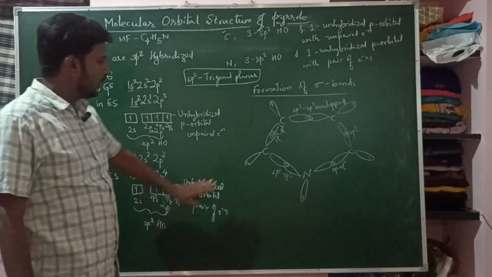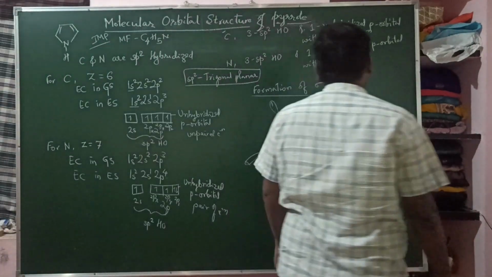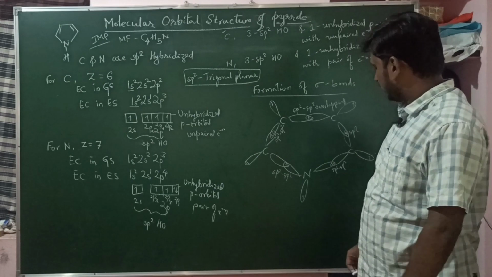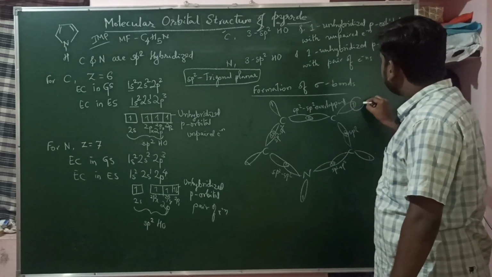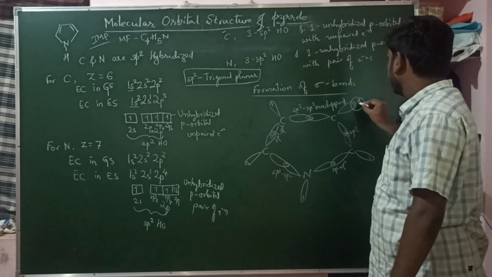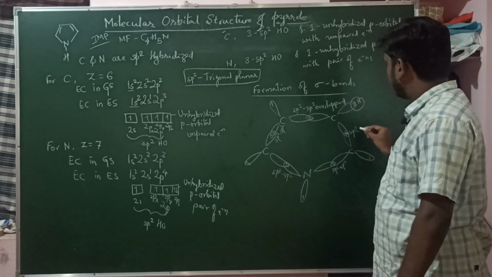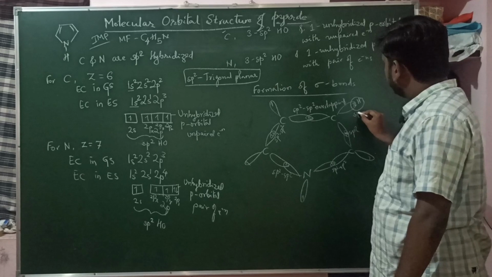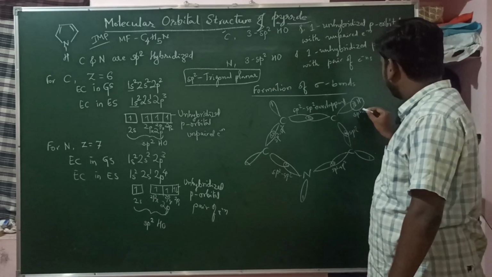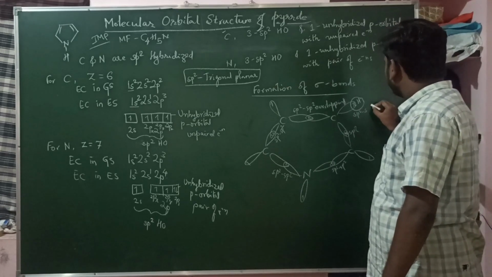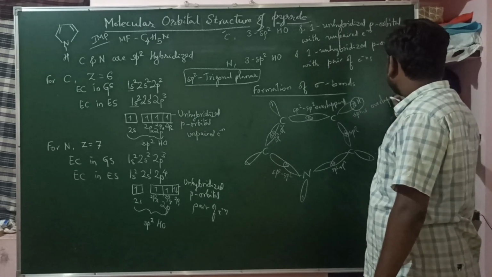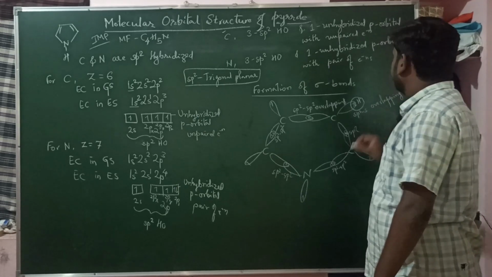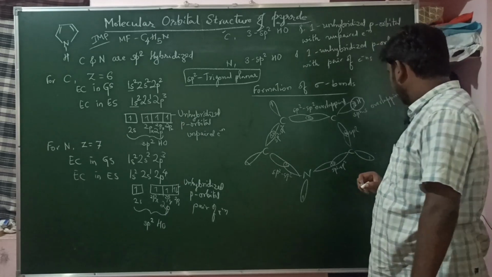So the remaining sp2 hybrid orbitals of each carbon and this nitrogen will overlap with the s orbital of the hydrogen. So here this is the overlapping. This overlapping is sp2 of carbon and s of hydrogen. This is sp2-s overlapping, forming a carbon-hydrogen sigma bond.